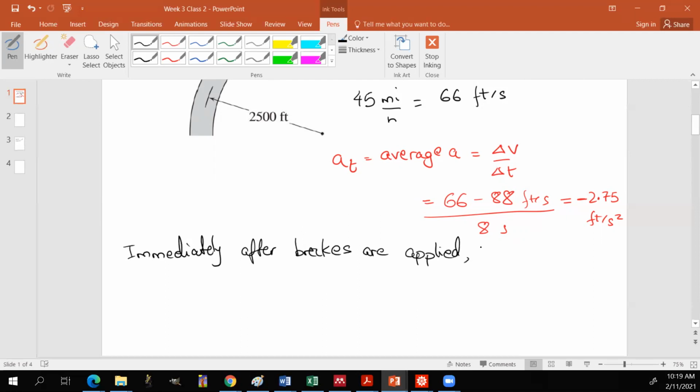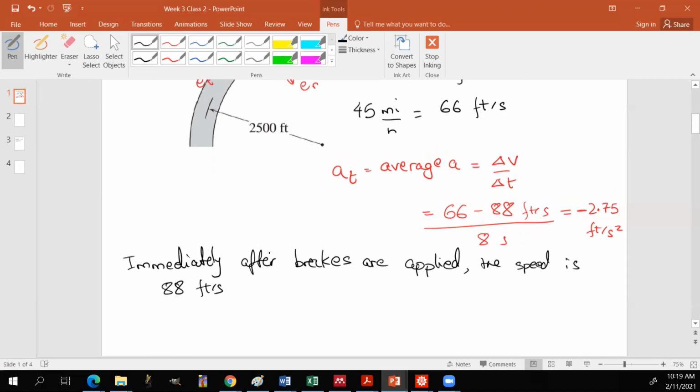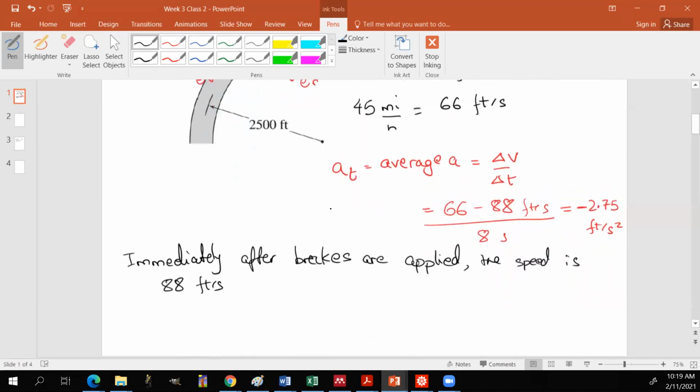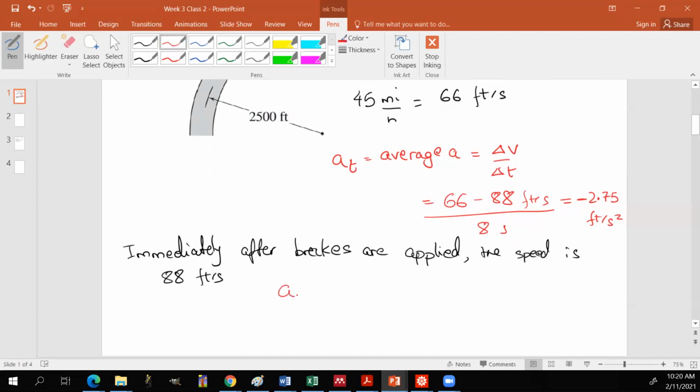Brakes are applied, the tangential speed is 88 feet per second, so you're going to have a normal component as well. The normal component of your acceleration is just equal to the speed squared divided by the radius of curvature.